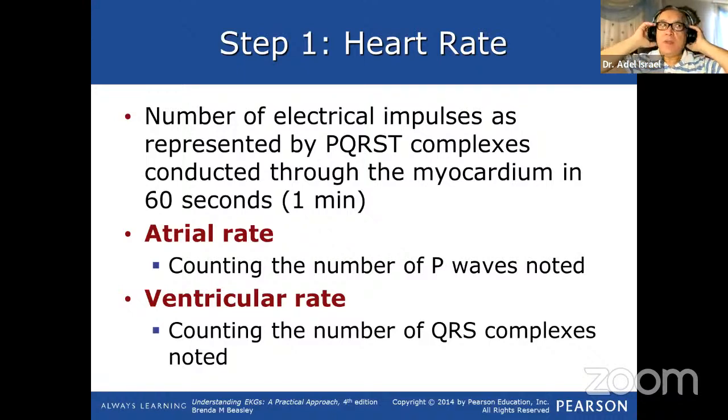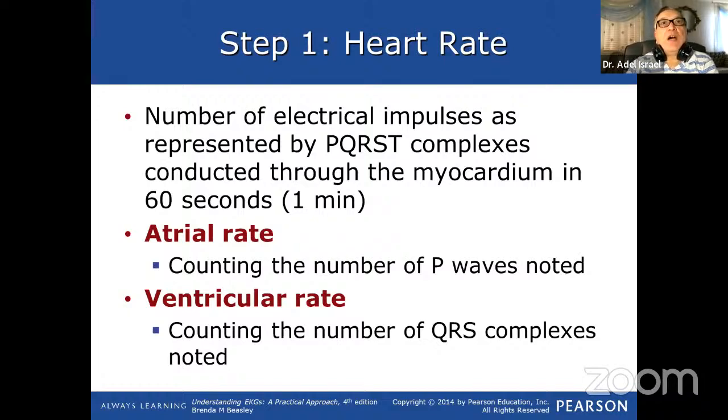Okay, now we are going to talk about the atrial rate. How can I count the atrial rate? We know that the P wave represents atrial contraction, right?